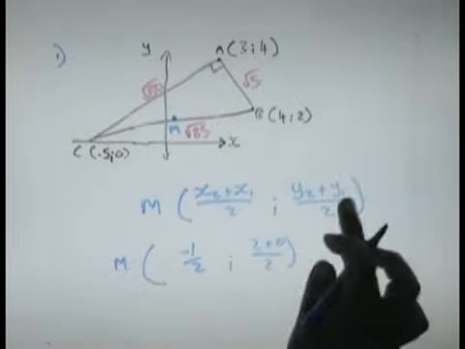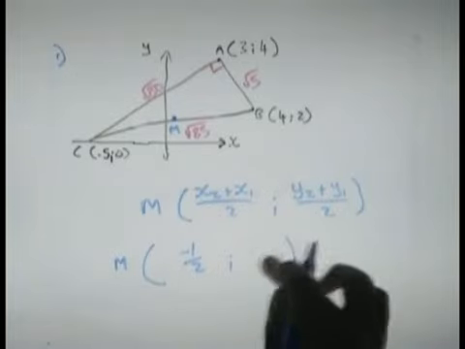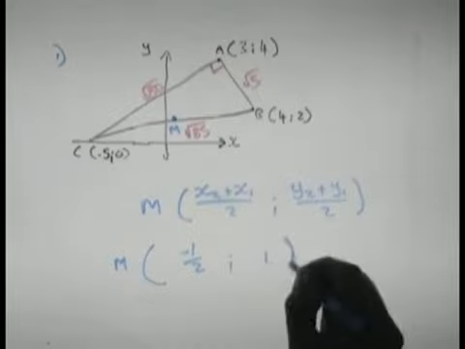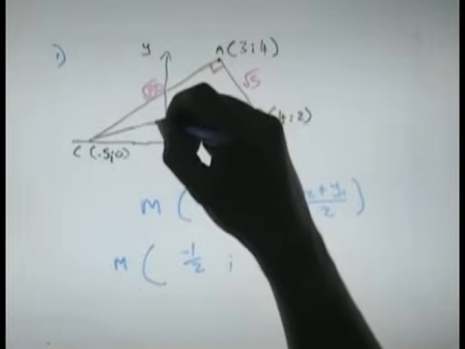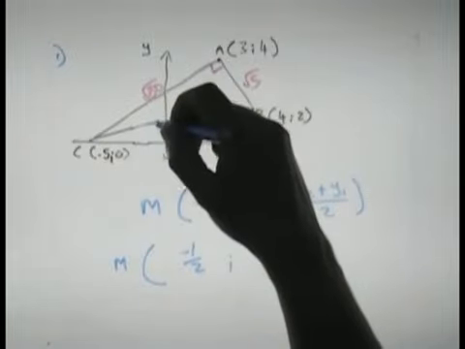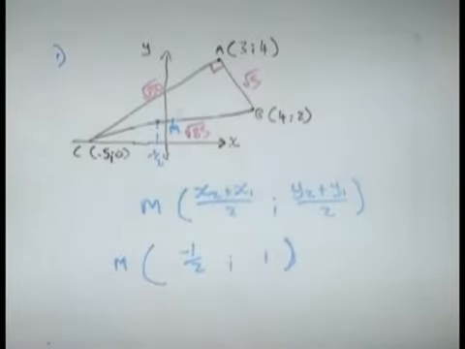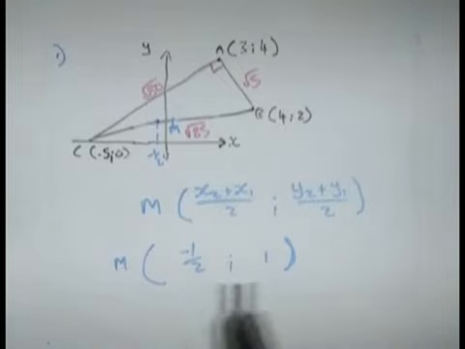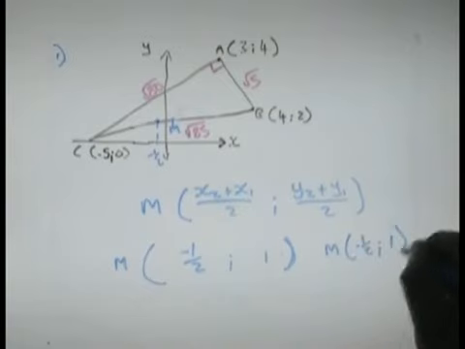And the y coordinate is 2 plus 0, which is 2, divided by 2 is 1. That means that my graph is drawn very inaccurately. It should be somewhere over there, with the x value being negative a half and the y value being 1. That's the coordinates of M, my midpoint of BC. Let's write it a little bit neater. It's negative 1 over 2 and 1.